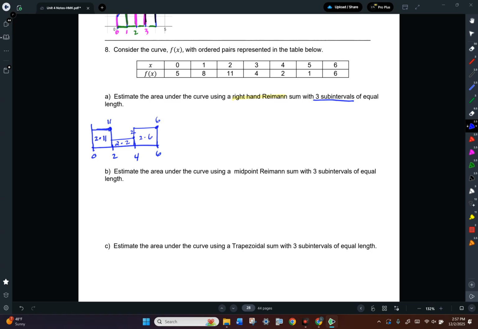So what they want you to write down, even though I know the person grading this could look at your picture, graders are not supposed to read pictures, so you still need to write down area equals 2 times 11 plus 2 times 2 plus 2 times 6. Now, if you want to go on and say equals 38, great. But if you make a mistake in your addition, you're going to lose a point.